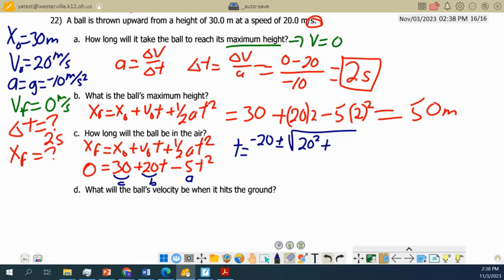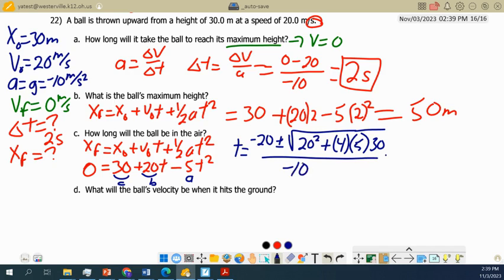But because a is negative, we're going to be adding, there's our 4, there's our 5, and there is our c, our 30. Oh, got to do the bottom part, over 2a. What's a here? It's -5. 2 times -5 is going to give us a -10.